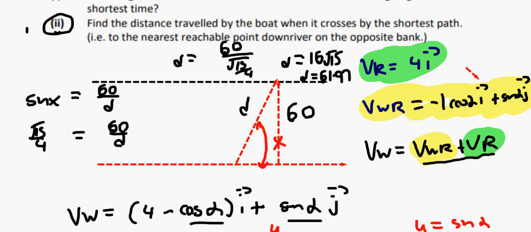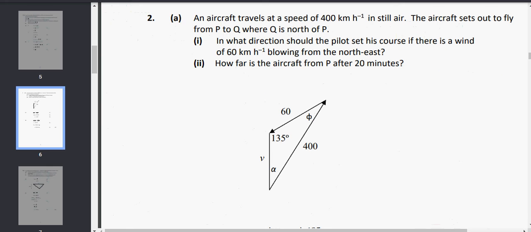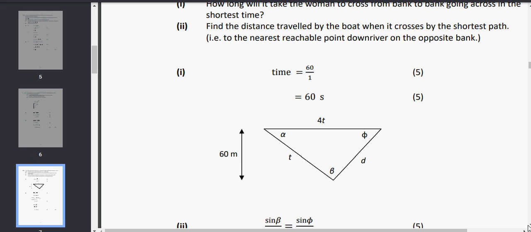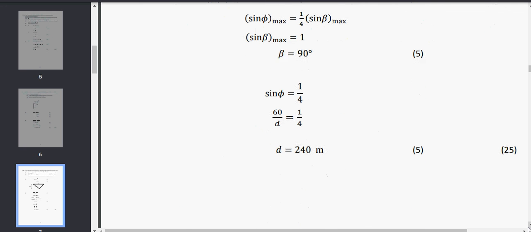Is that the correct answer? No, you're meant to get 240. Oh dear.